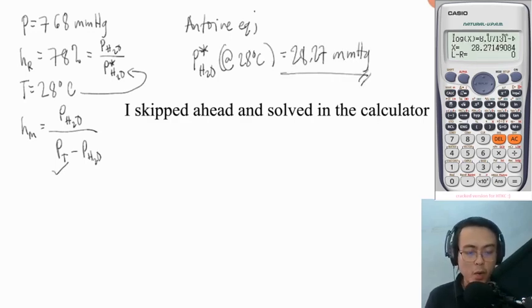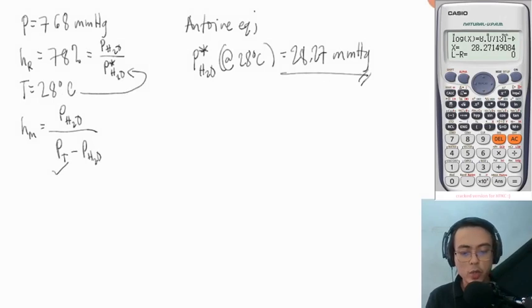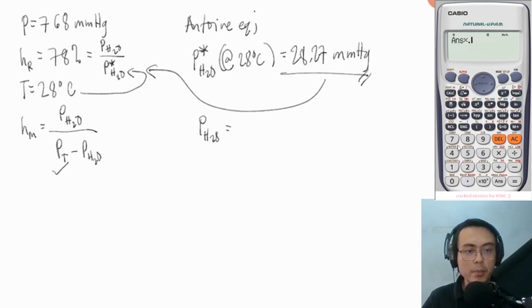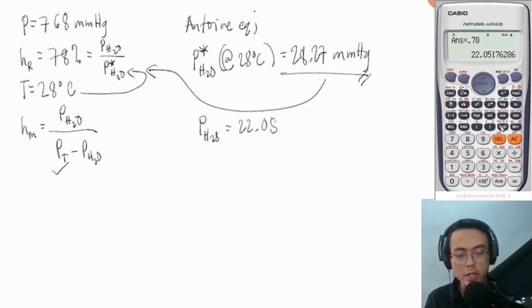So we now have our vapor pressure. You can now substitute this to the relative humidity. We can get the partial pressure of water as 28.27 times 0.78. That's 22.05.